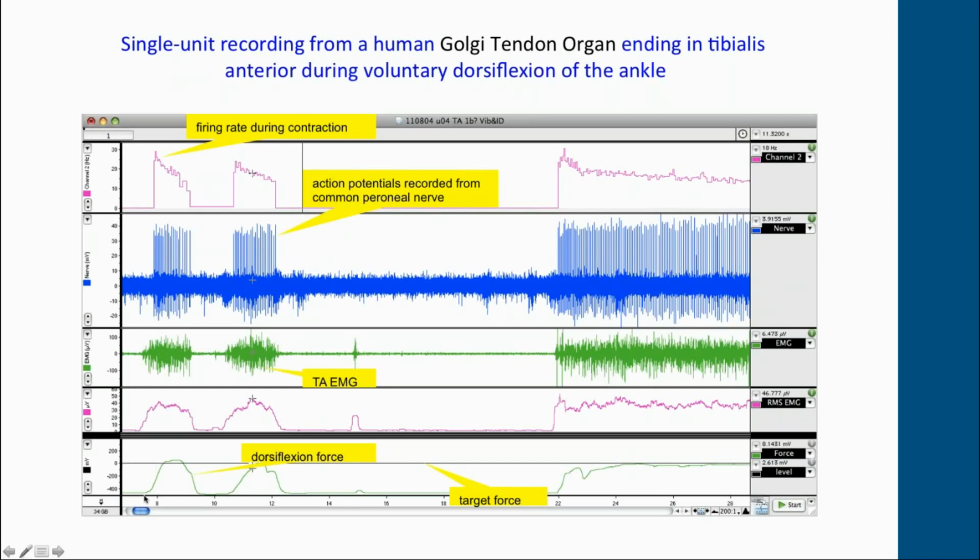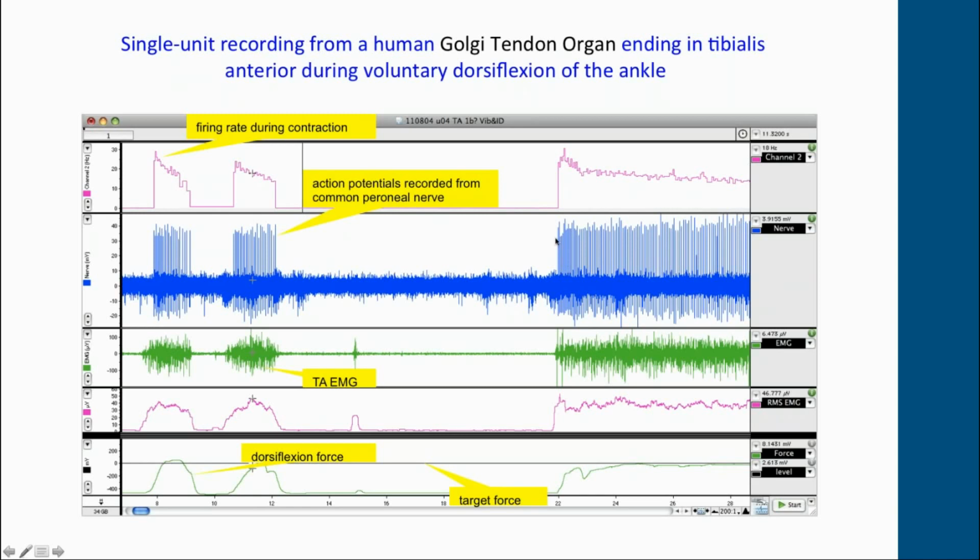The subject is instructed to dorsiflex the ankle against the strain gauge and reach this target force, which you can see he does adequately, and on the right we can see that once he reaches the target force, the Golgi tendon organ maintains a constant firing rate.